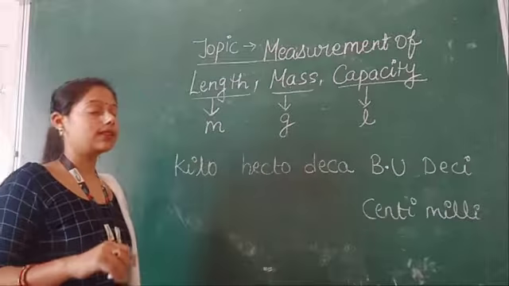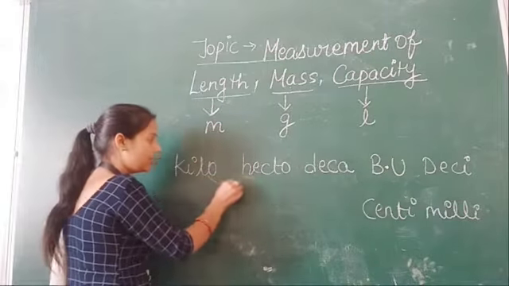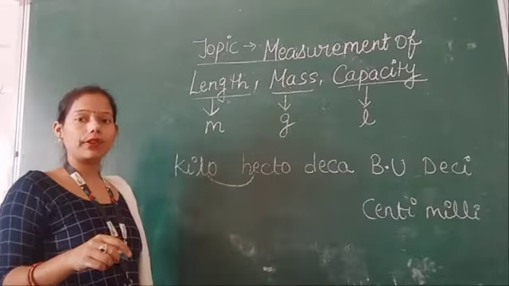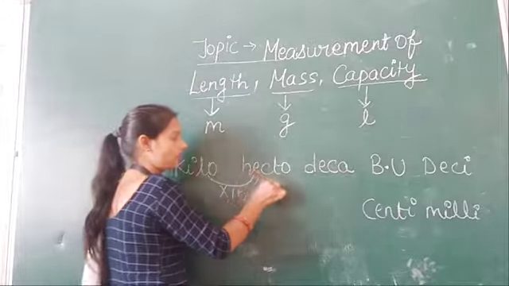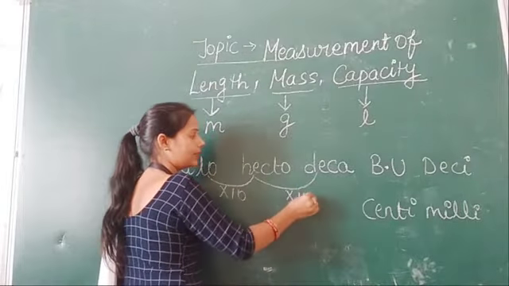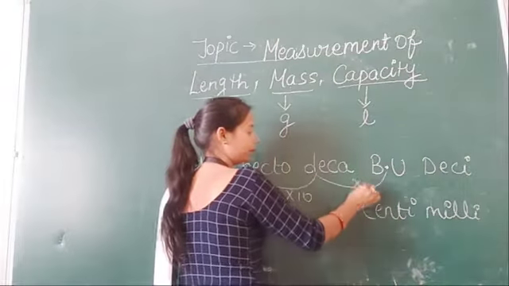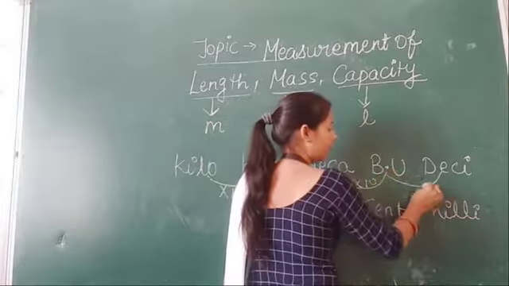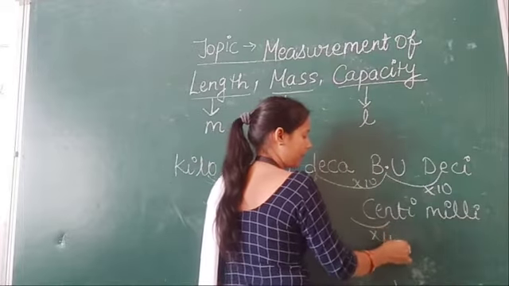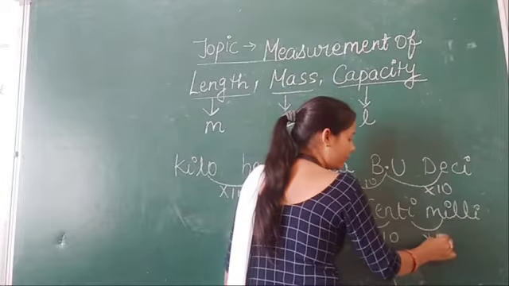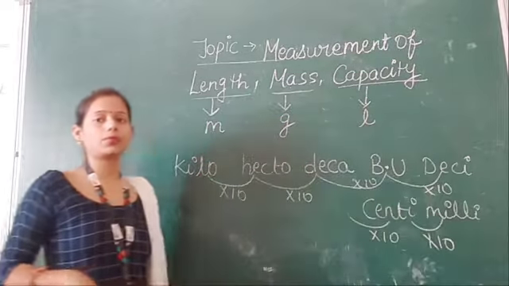So class, in every unit we have a difference of 10. Here is the difference of 10, 10, 10, 10, similarly 10 and 10. In every unit we have a difference of 10.